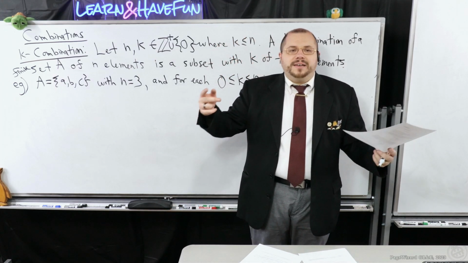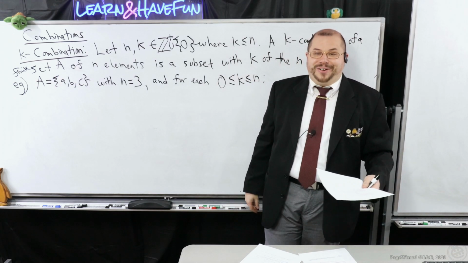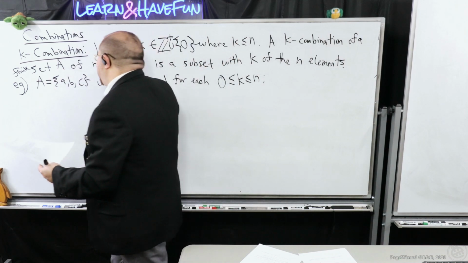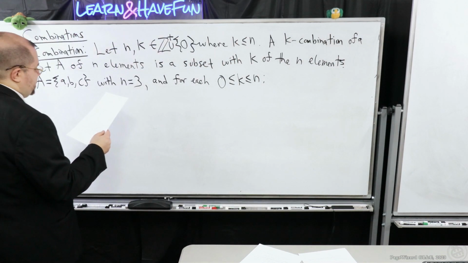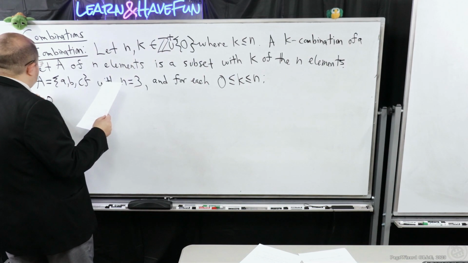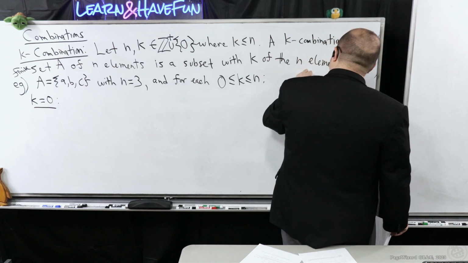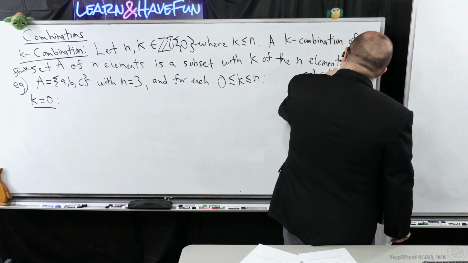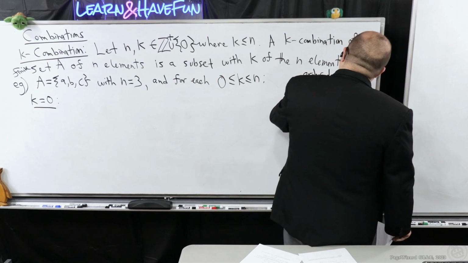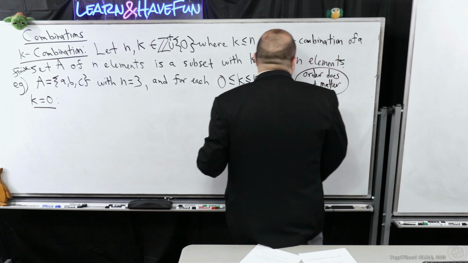In the combinations world, I would just care that you got me the cheeses I was after. So I don't care about the order they appear in. It's just that they appear in that subset. So the order does not matter. I'll just mention this off to the side. That's different from permutations. Order does not matter.